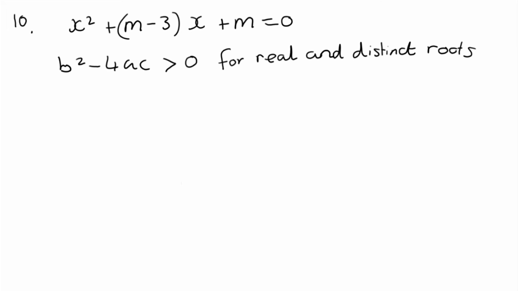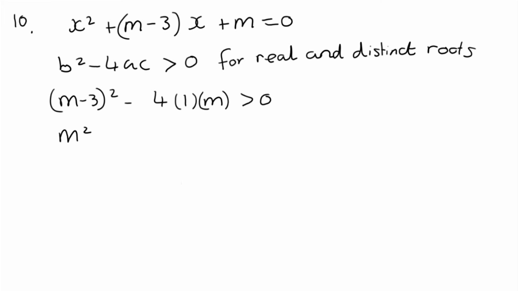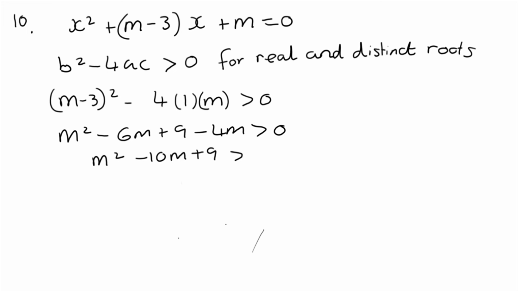So the b is your m minus 3, your a is 1, and your c is m. So m squared minus 6m plus 9 minus 4m is greater than 0. So m squared minus 10m plus 9 is greater than 0. Now I'm going to factorize this and put it equal to 0 just so I can sketch.